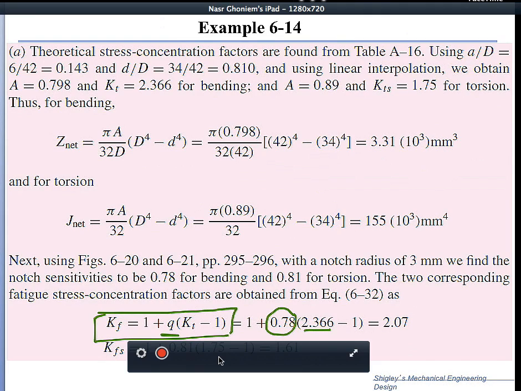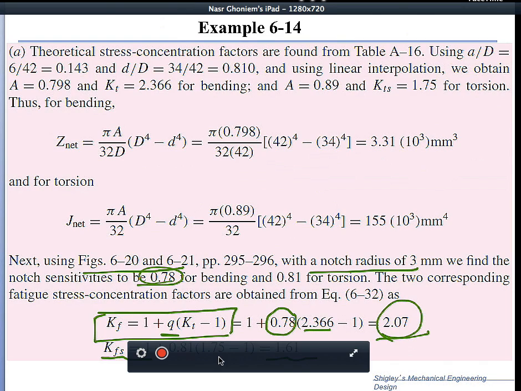So we must know q, which is a notch sensitivity factor that depends on the notch radius, and we have a figure 6.20, and that gives us 0.78. So the fatigue stress concentration factor is somewhat smaller. Instead of 2.366, we have 2.07. Same thing we do for the shear, and that changes the stress concentration factor for shear from 1.75 to 1.61.